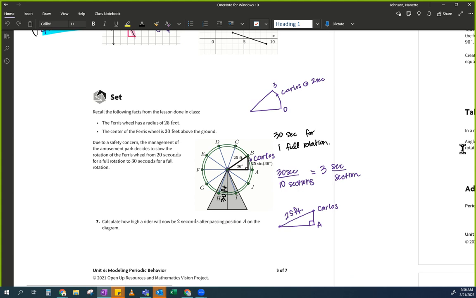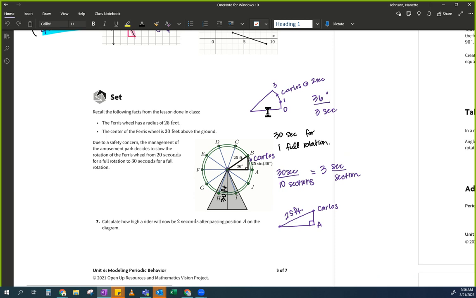So can you imagine yourself cutting that angle up into thirds? So that's why the person said 36 degrees divided into 3 seconds gives me, what is that? 12 degrees per second. So 12 degrees per second, right?